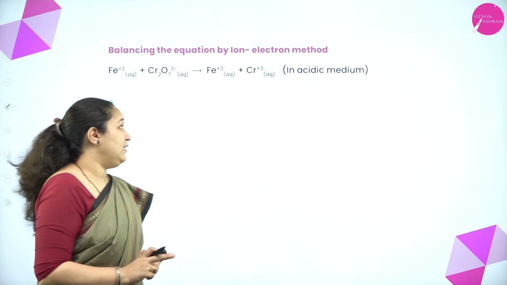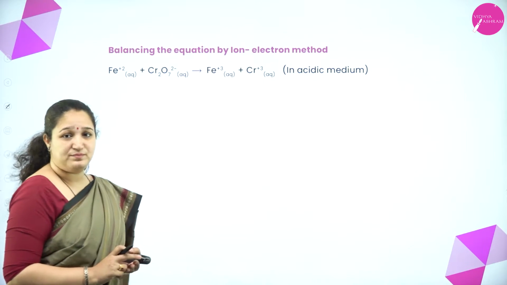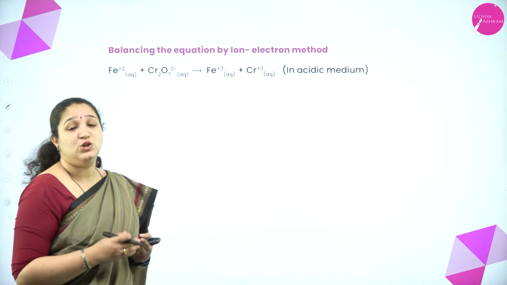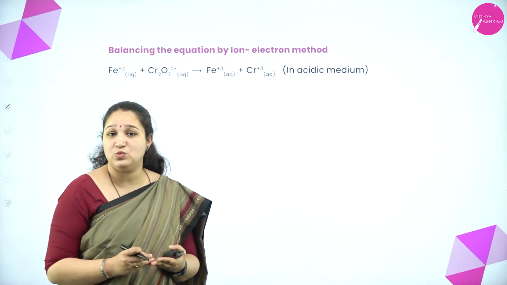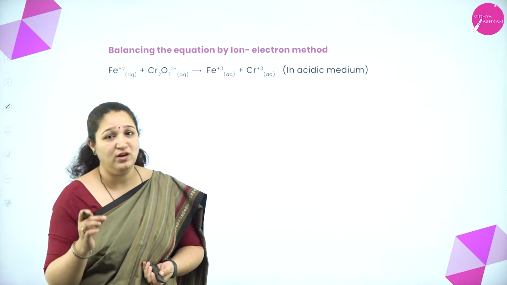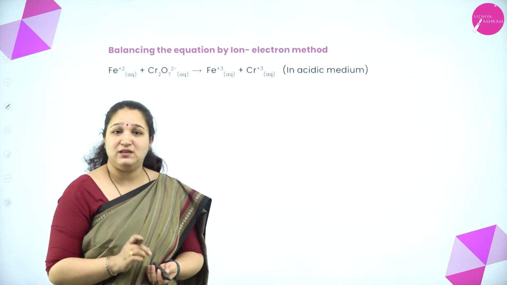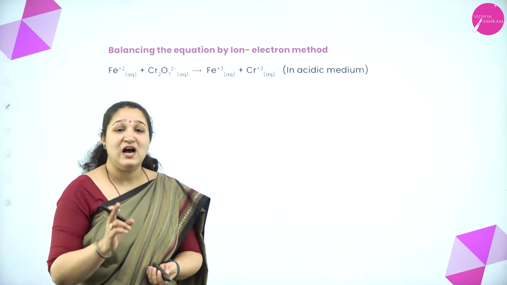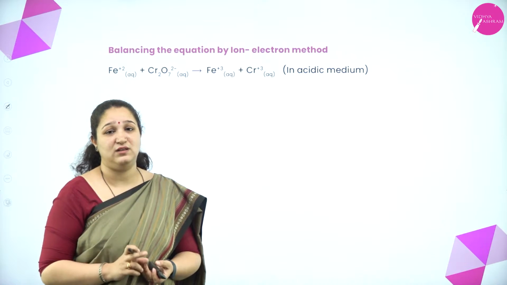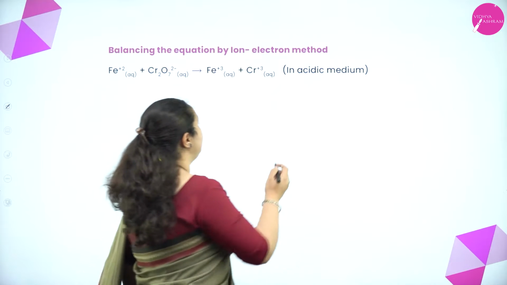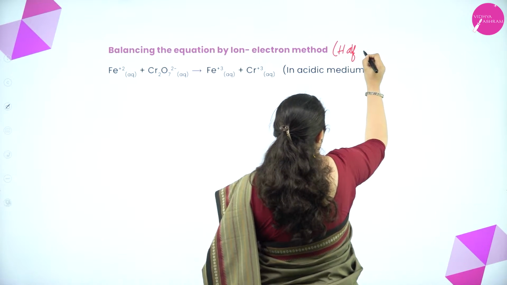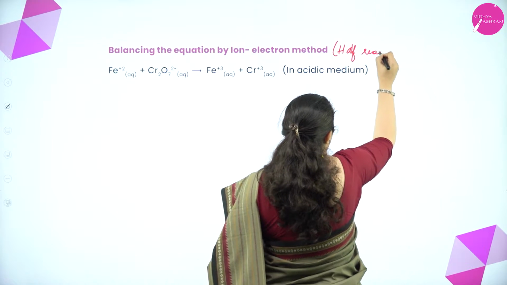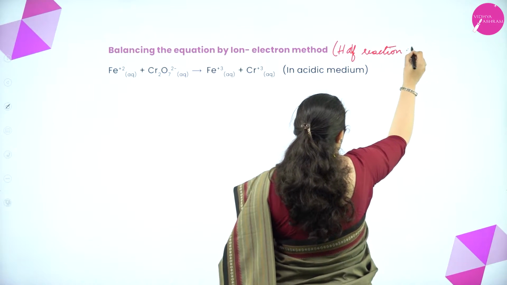So for the first one, I am directly putting the equation for us to understand balancing of the redox reaction using the ion electron method. This method is also called the half reaction method. So what is it called? Half reaction method.